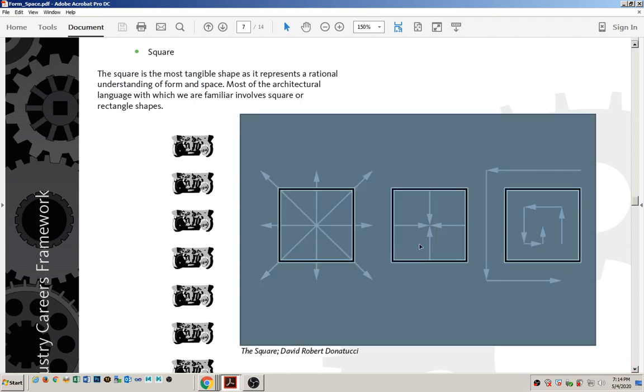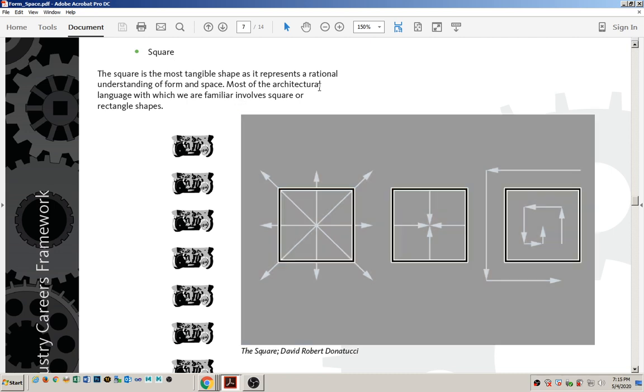And the reason that's associated with equality and fairness is because in order for a square to be a square, each side has to be exactly the same length. Each angle on the inside has to be exactly 90 degrees. If any of these were different than the other, it would no longer be a square. It would be some variation of a square, like a rectangle. Right? So squares are used to evoke a sense of fairness.